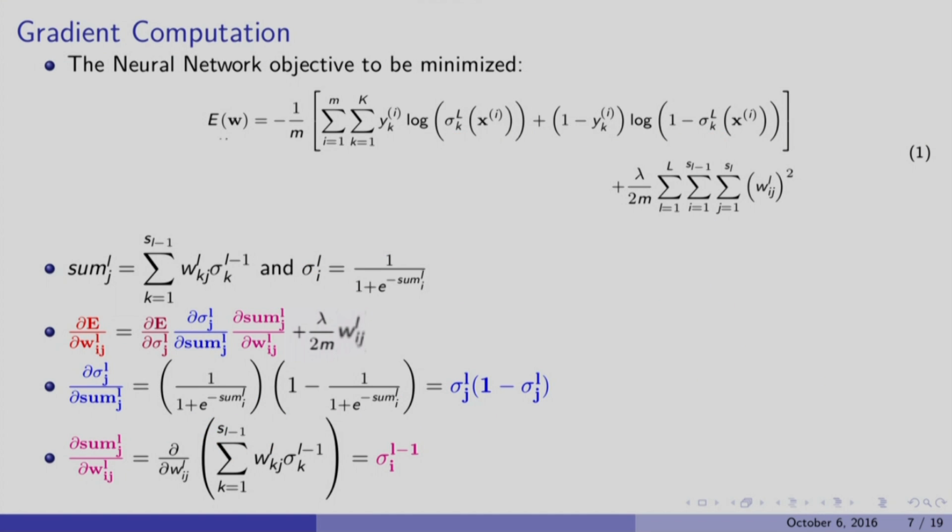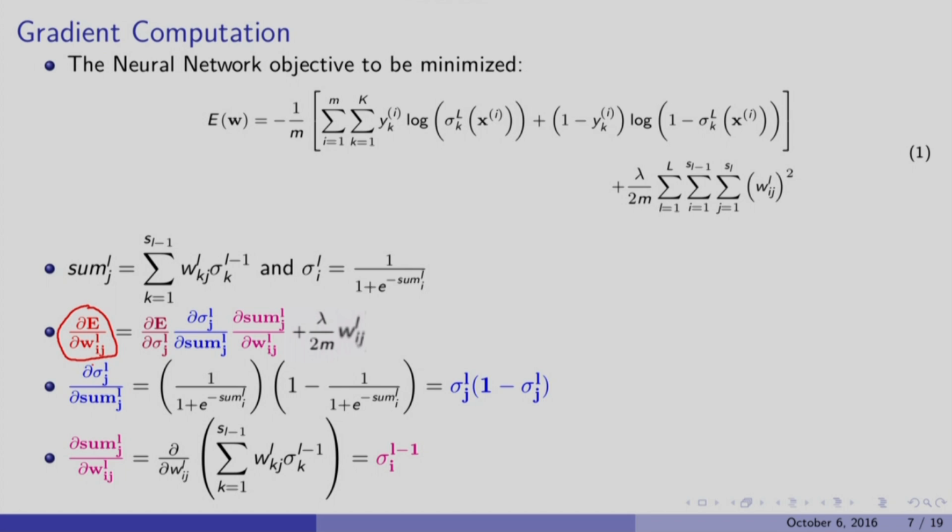So to compute the partial derivative of E with respect to Wij, which is mainly the update of interest, we are going to invoke a chain rule. So the partial derivative of E with respect to Wij(L) is a partial derivative of E with respect to sigma j(L).